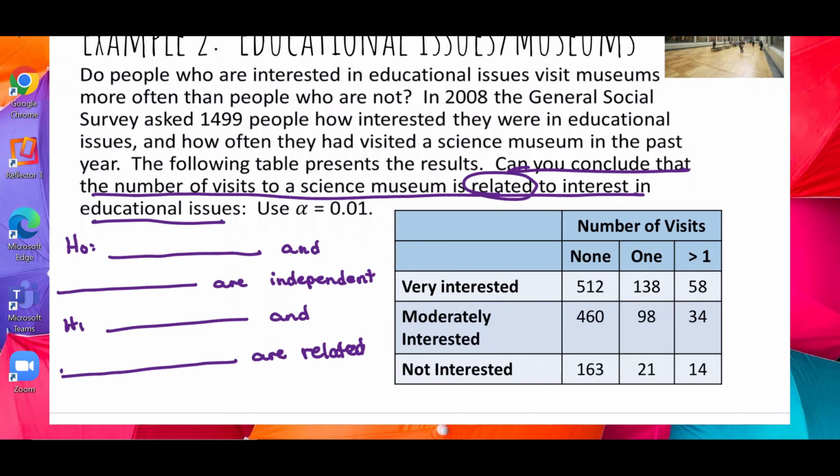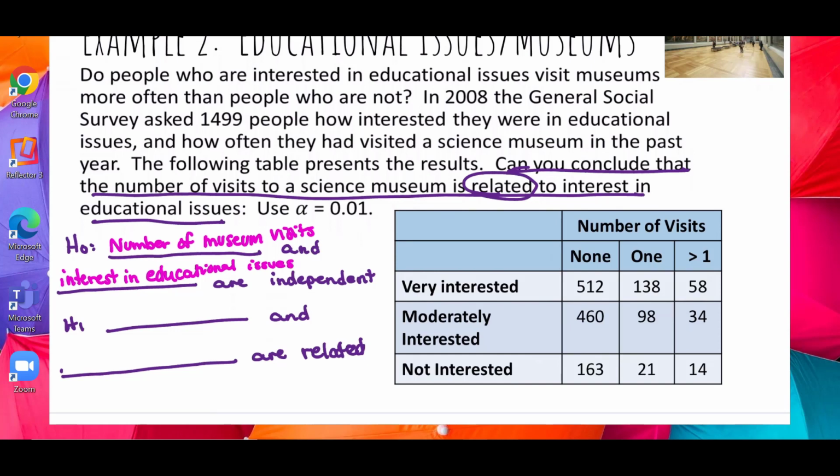And then the two variables are number of, I think it's specifically science museum, but we'll just leave it as museum visits, and interest in educational issues. Should have given myself more room for this one.